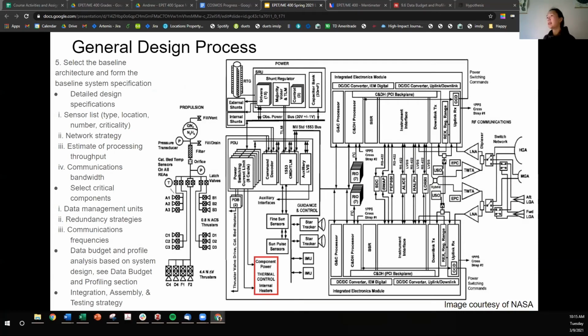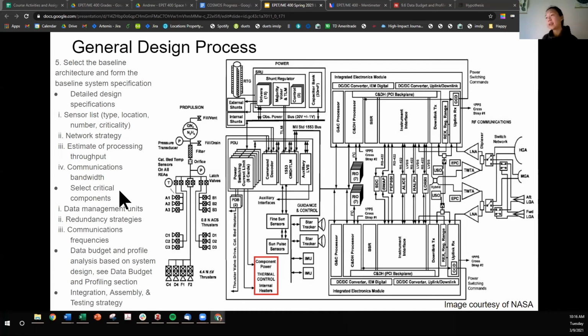Okay, so this is the last step in the general design process where you actually select your baseline architecture and form the baseline system specification. This is where you actually take your requirements and you translate them into solutions. These solutions can be defined by these design specifications, like your sensor list, your network strategy, your throughput estimate, your communications bandwidth.